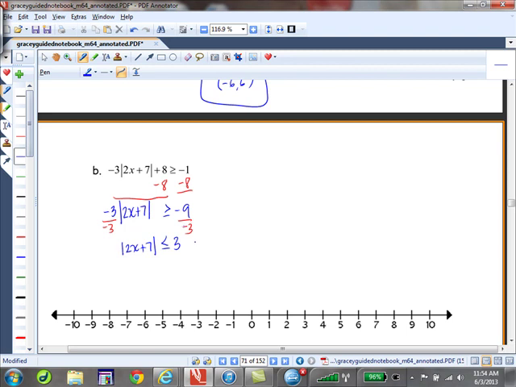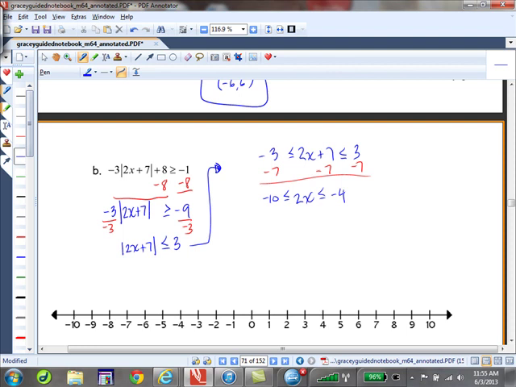So now we can apply the rule. You've got 2x plus 7, and that's going to be between -3 and 3 because we've got it into the format to apply the definition. Working on this further, we subtract 7 from each portion of the inequality, and we get -10 is less than or equal to 2x is less than or equal to -4.